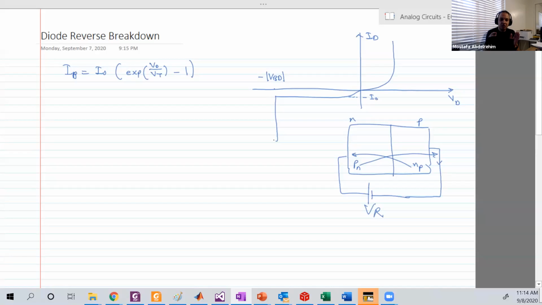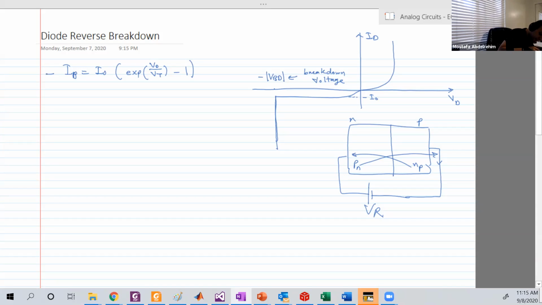At some point, the voltage across the junction will be equal to the breakdown voltage. This is called the breakdown voltage. And the current will change rapidly like this, but in the negative direction. It can take any negative value smaller than, because we are comparing negatives, minus I naught. For example, minus 2 I naught.